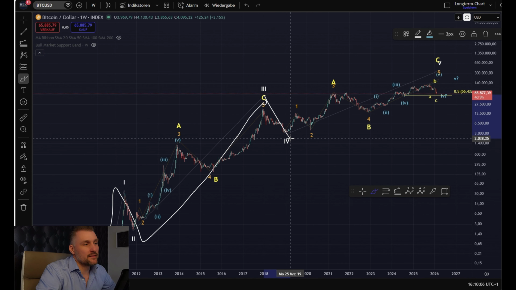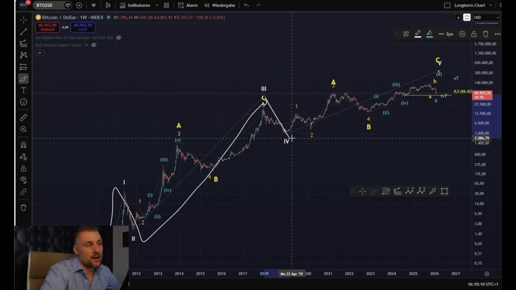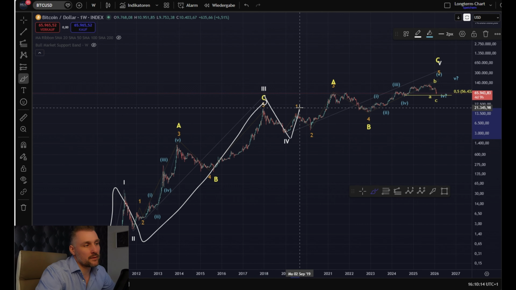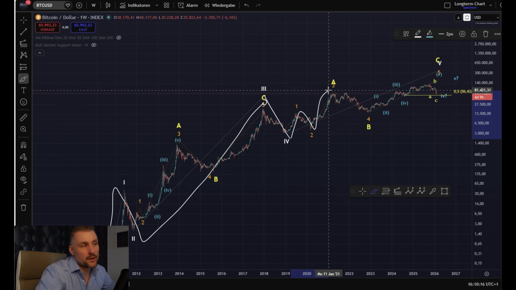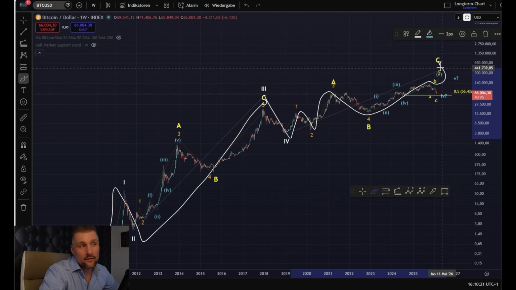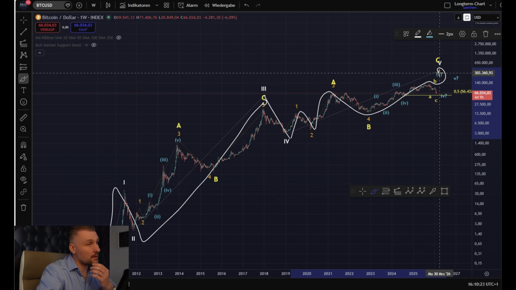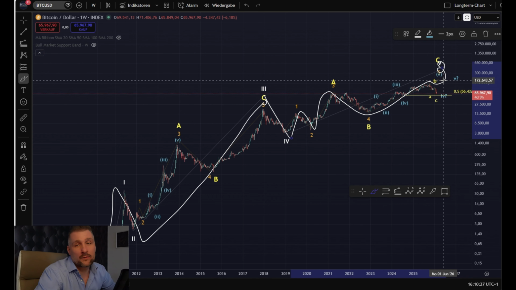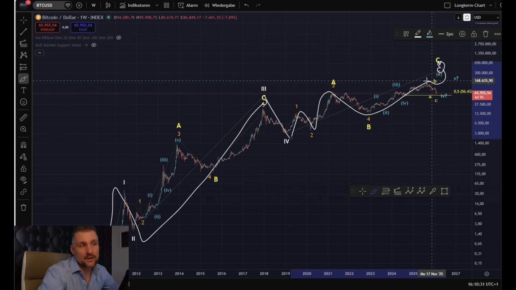And now, if we have a 5-wave structure, then we have here the 1, 2, 3, 4, and now we have completed the wave 5 in orange, and the bigger wave 5 in white. So that would mean we end up in a bigger cycle, and we get a major drop right now.